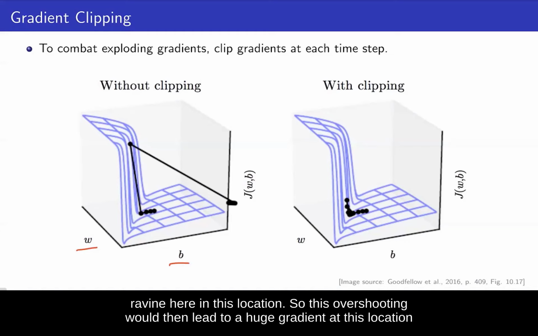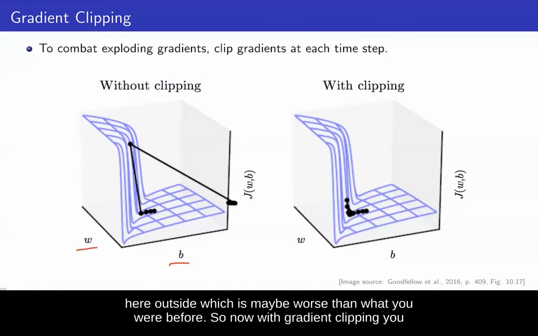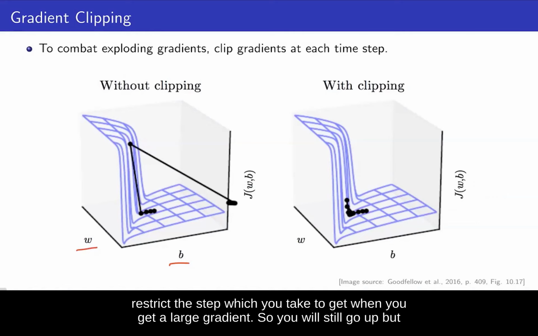So this overshooting would then lead to a huge gradient at this location. And because you want to go to the low error region again, this would then lead you to a region out here, which is maybe worse than where you were before. So now with gradient clipping, you restrict the step which you take when you get a large gradient.